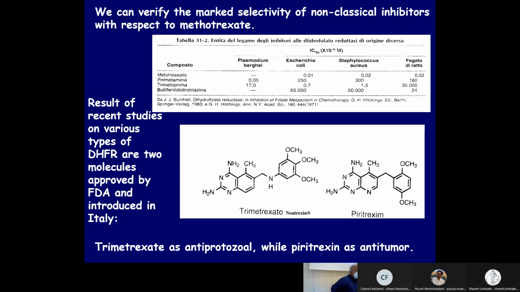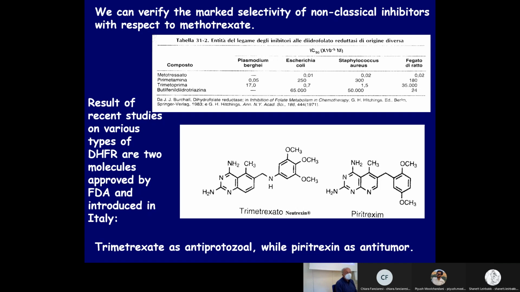So we cannot use this compound as antimalarial. No activity. But please see the high activity against Escherichia coli and against Staphylococcus aureus, 0.01 for 10 to -8.